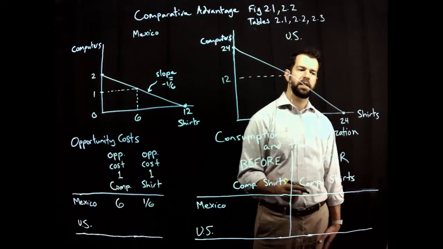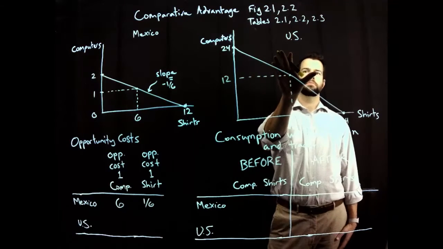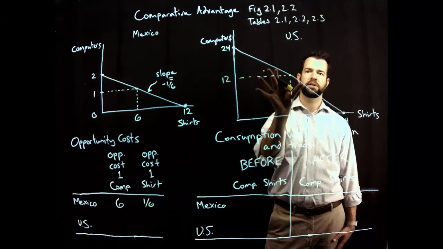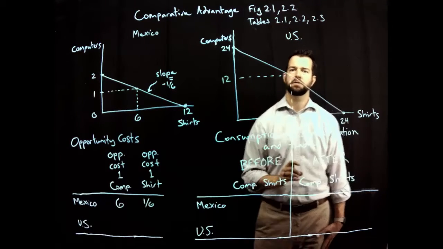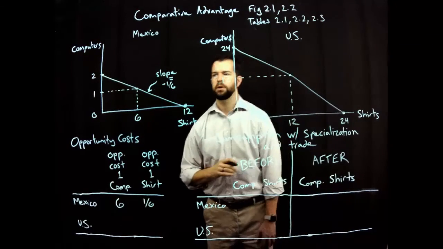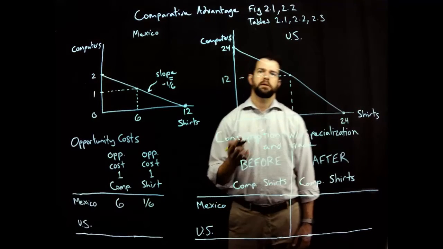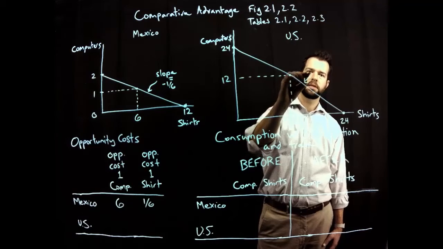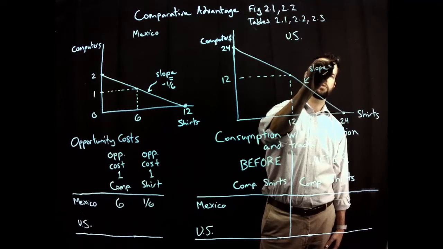Although the United States would like more computers and more shirts, again, bundles of shirts and computers outside of this production possibilities frontier are not attainable, and bundles inside this production possibilities frontier are inefficient. So what's the opportunity cost? If you look at the slope here, you can see that the slope is -1.